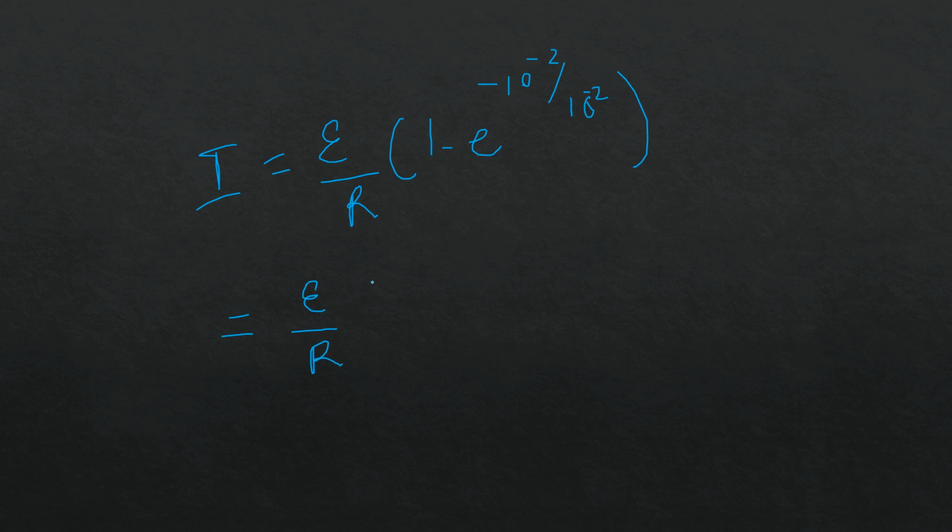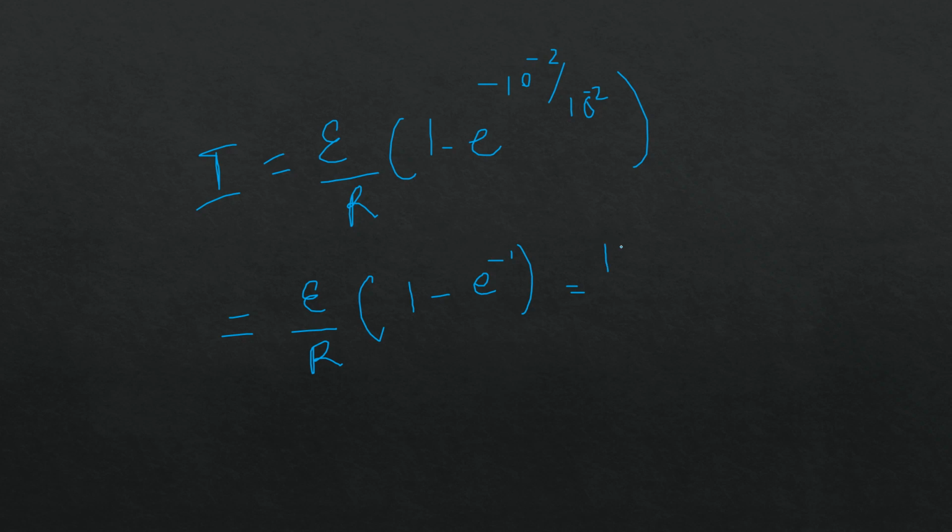What is E? E is the voltage, the EMF. E to the power minus 1 is 1 by e. EMF is given as 12 volt.